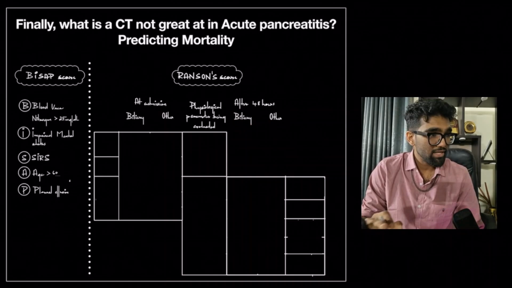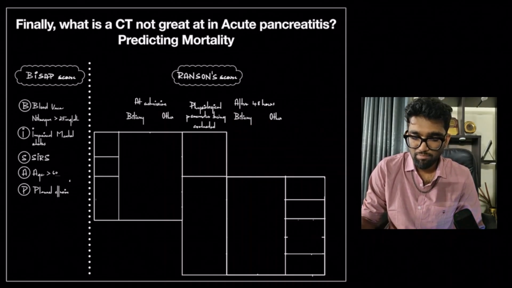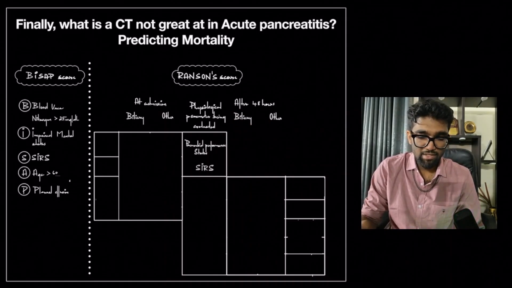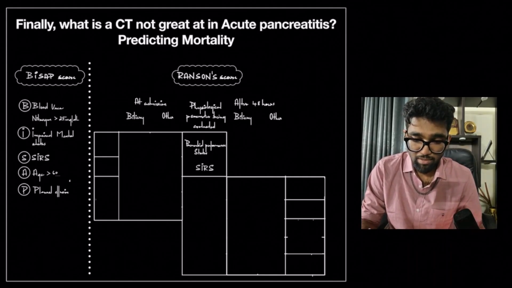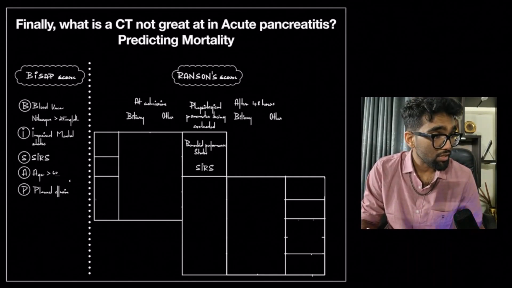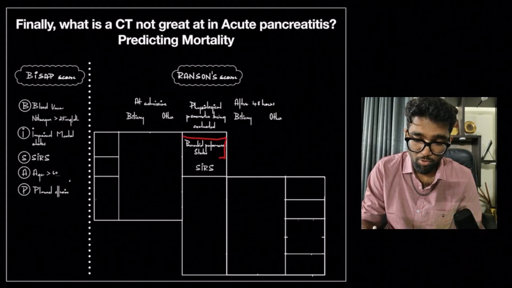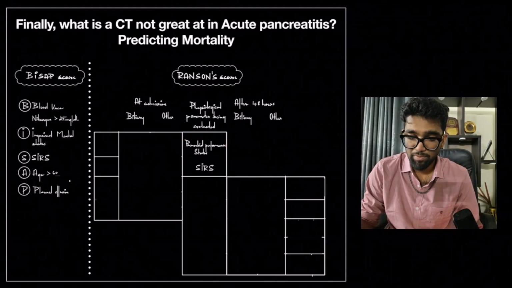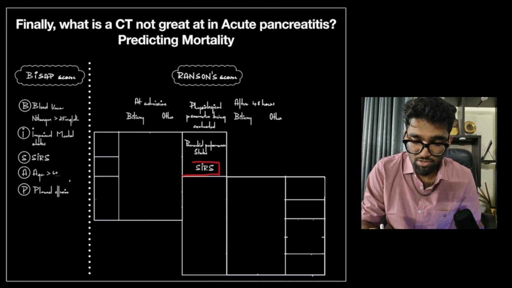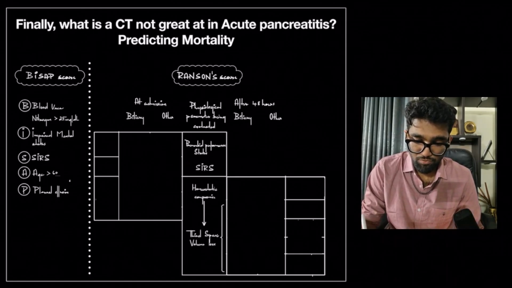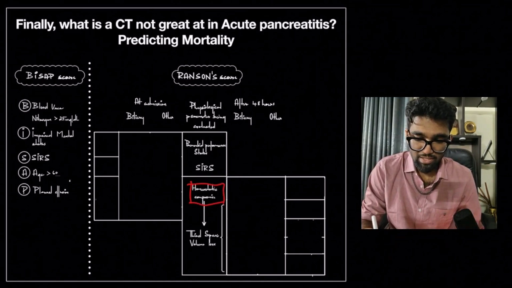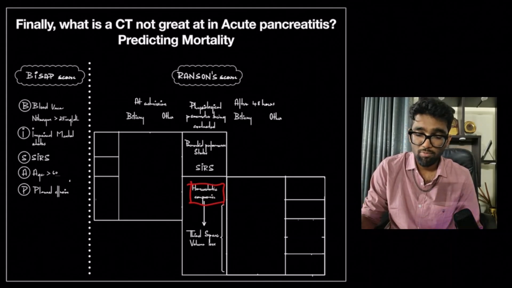So it's a little complicated to remember, but if you understand it logically, that is based on what the parameters are trying to tell you about. The parameters can tell you about the pre-morbid performance status of the patient, that is how healthy the patient was before the onset of pancreatitis, the presence of systemic inflammatory response syndrome, and the presence of homeostatic compromise, that is any type of abnormal physiology.